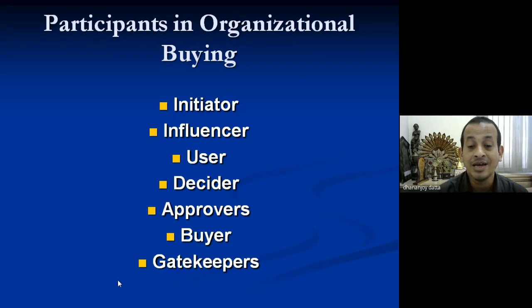What they do is control the information. Sometimes they do not give permission to the salesman to enter the organization. So they control the flow of information inside and outside the organization, and they also play a very vital role in organizational buying.